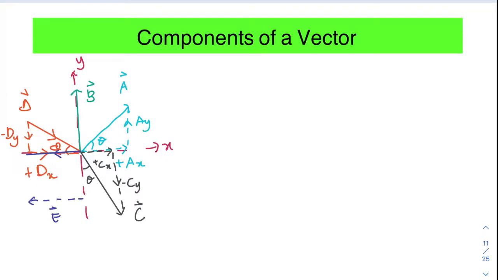This is the original, already shifted here. So what about E? Vector E only has an x component because it's along the x-axis. Positive or negative? Negative, because it's pointing to the left.